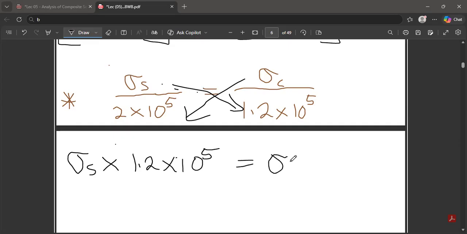And also the stress in the copper is going to be multiplied by 2 times 10 exponent 5. You see what is happening over here?